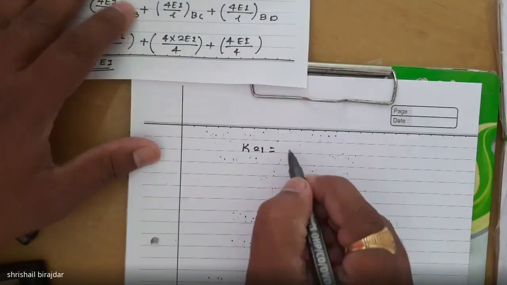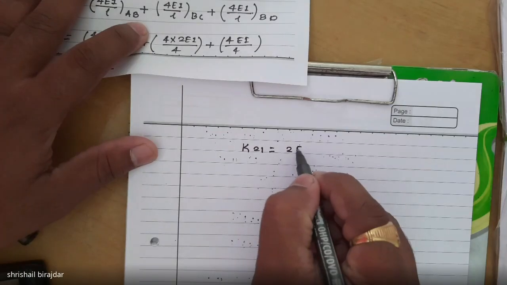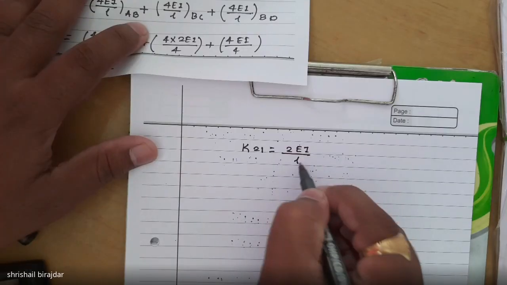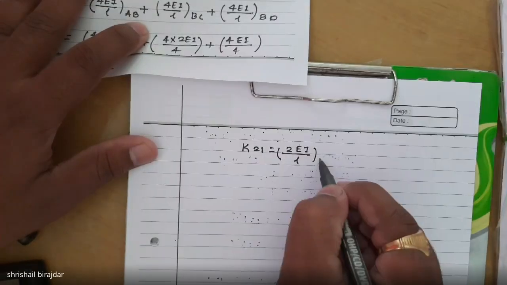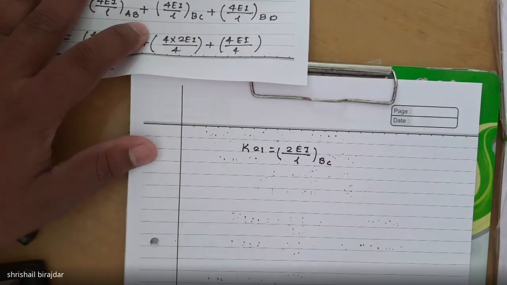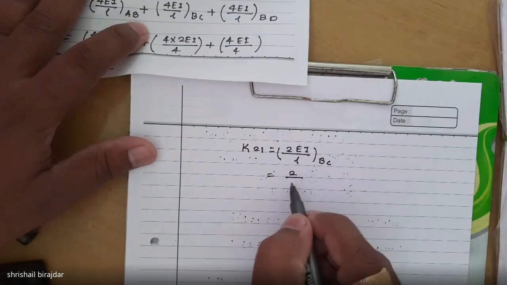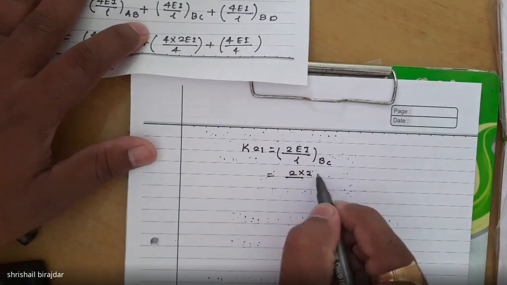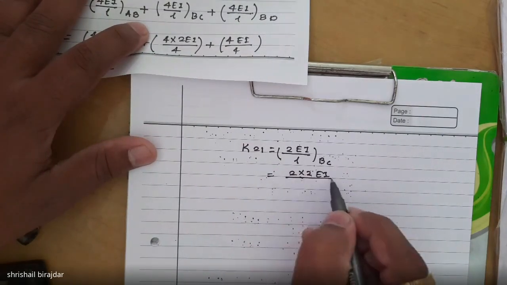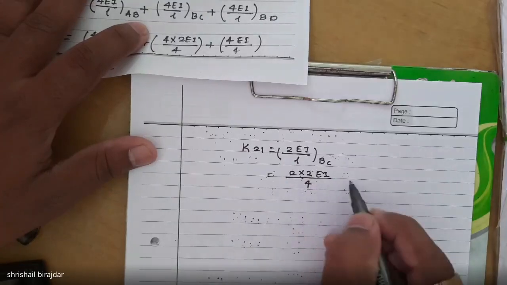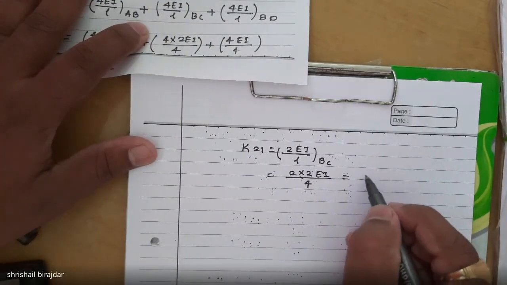This particular moment is nothing but 2 EI by L for BC. Simple way: 2 divided by 2 multiplied by 2 EI divided by 4. How much will it be? EI.